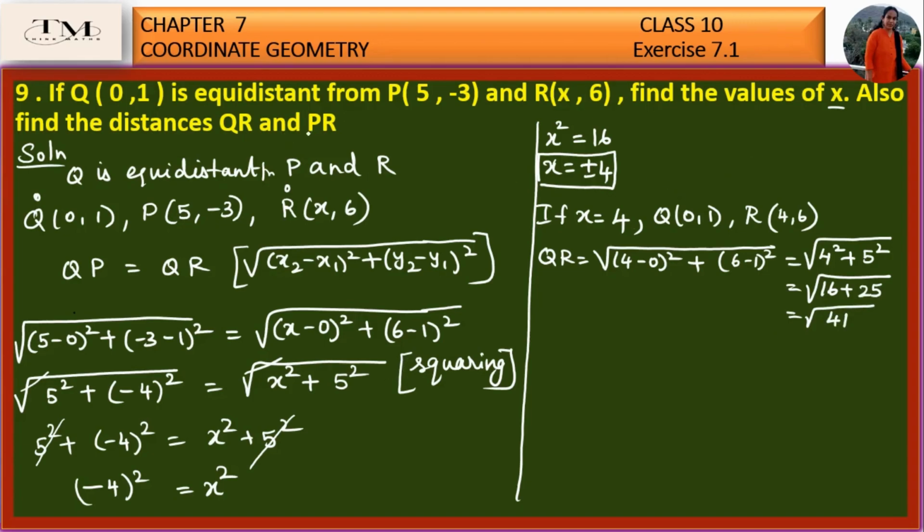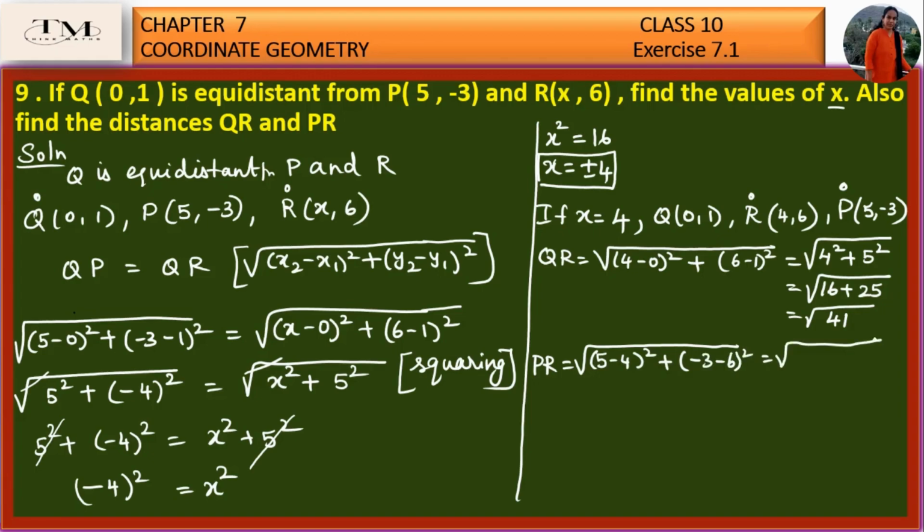Next we have to find PR. What is P? P is nothing but (5, -3). So P and R: PR equals root of, what is the difference between x values? 5 minus 4. So (5 minus 4) whole square plus (-3 minus 6) whole square.